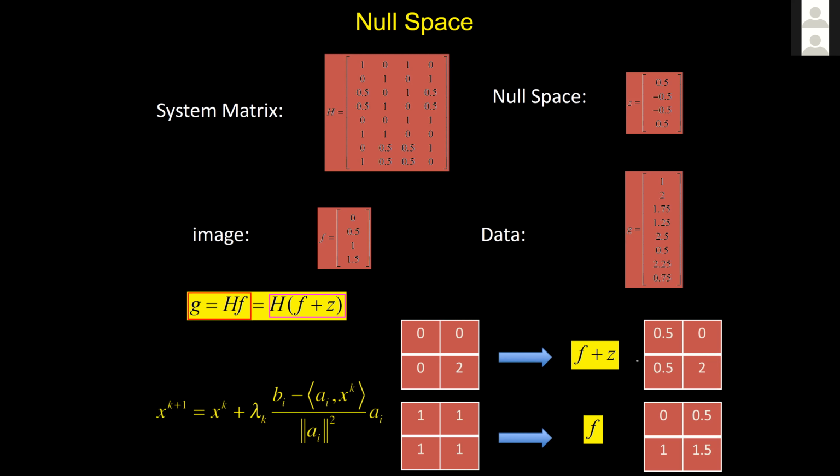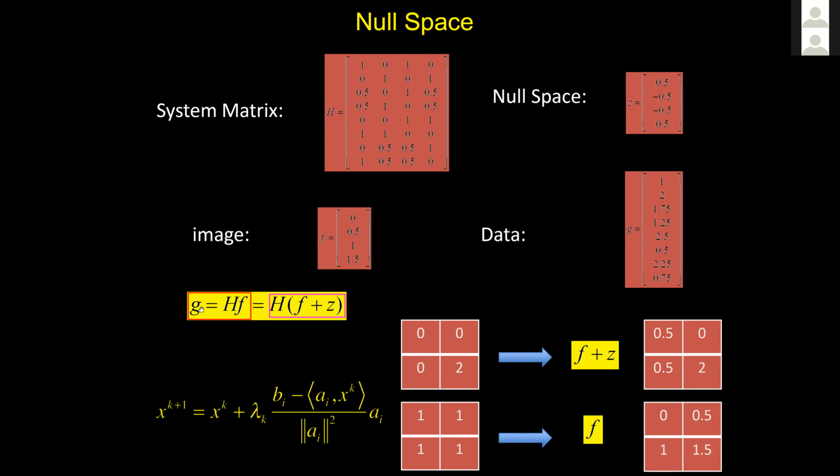Once you have your measured sinogram data, you don't have enough information to go back to your true image. If you look at your system matrix, the rank is smaller than your measurement, which means that there is a null space.